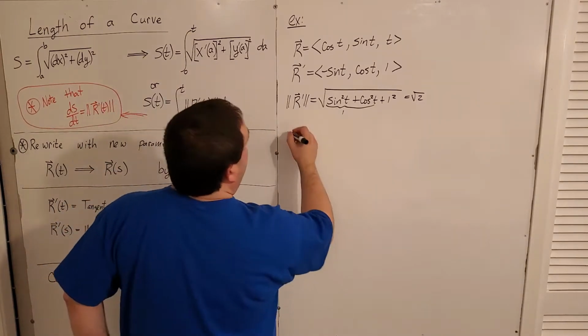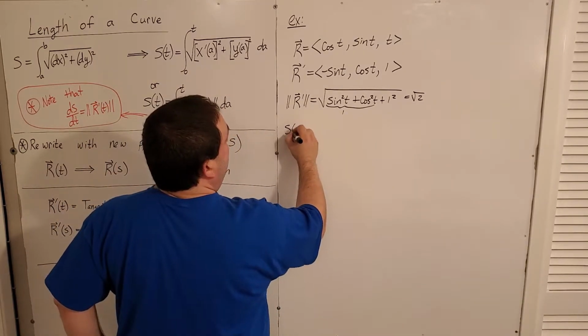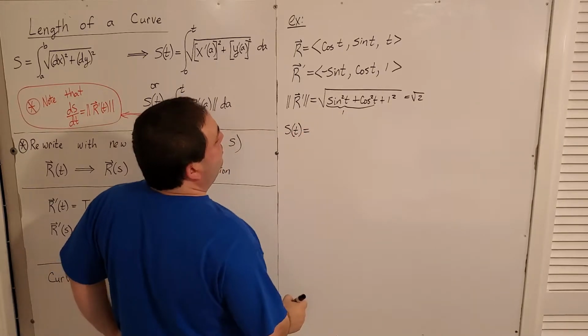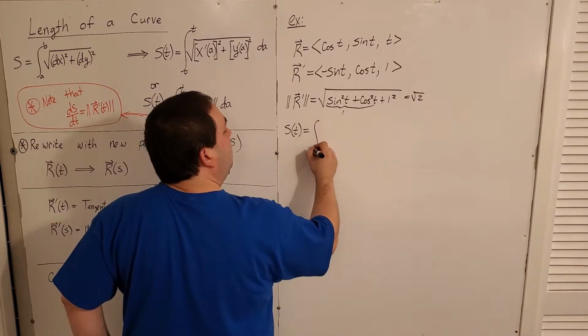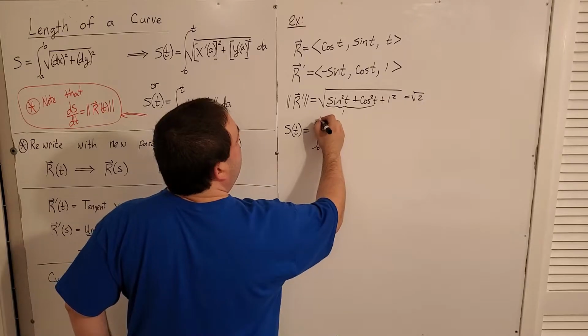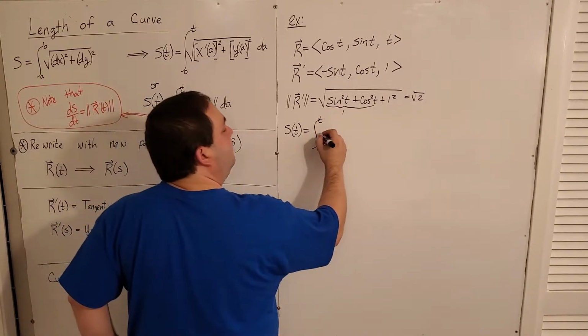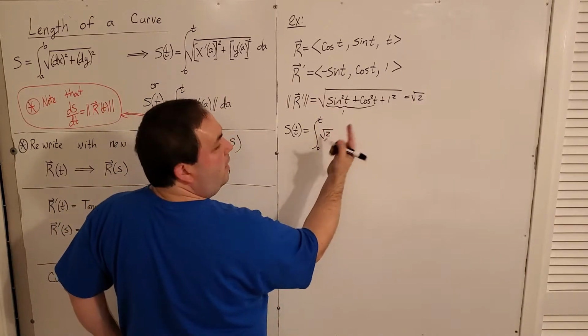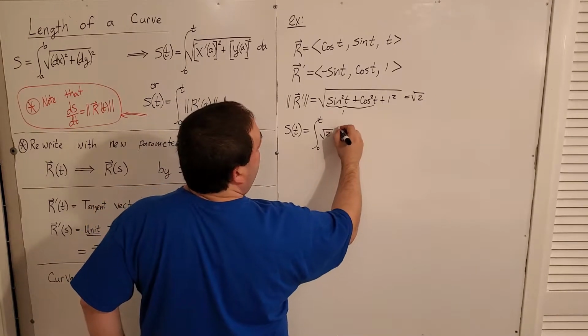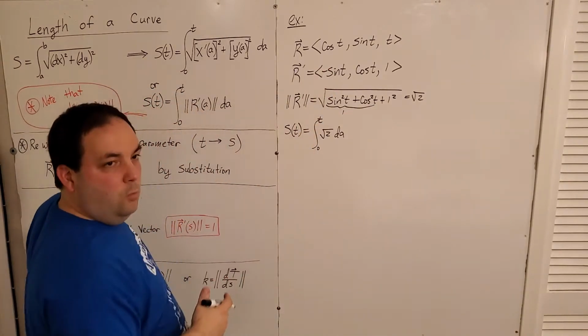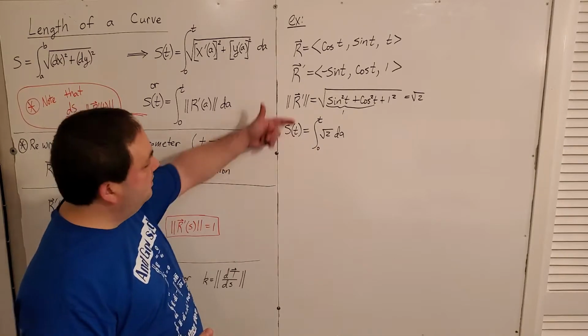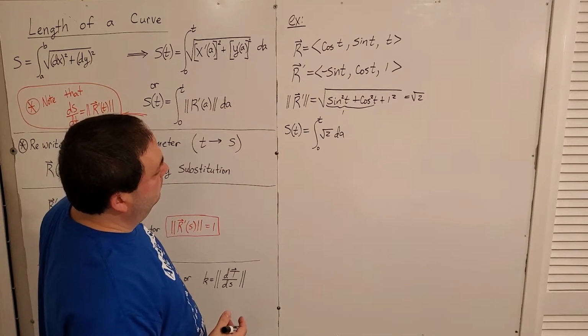Therefore, s of t is just going to be equal to the integral from 0 to t of the square root of 2. No actual variable there. dA, dy, dx, dt, just not dt, right? Because I'm already using t here.